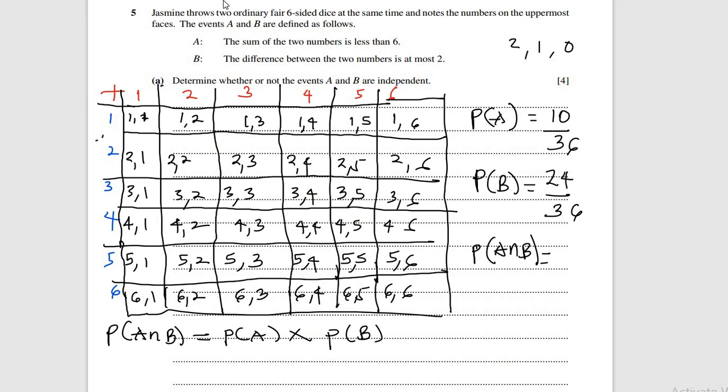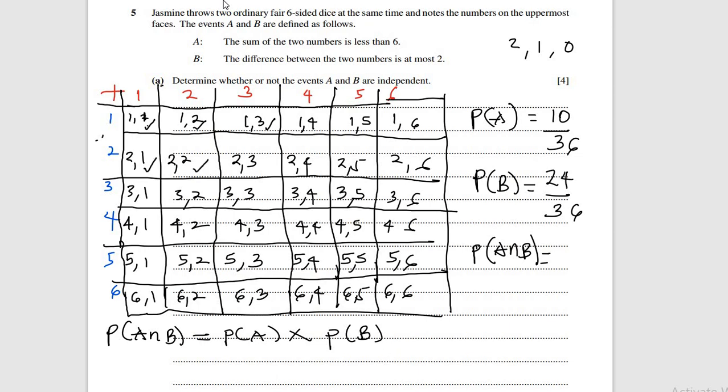Difference is 0, 1, and 2. This one is there. Difference is 1. The sum is less than 6. Difference is 2. The sum is less than 6. Difference is not 2, 1 or 0 here. They're out.